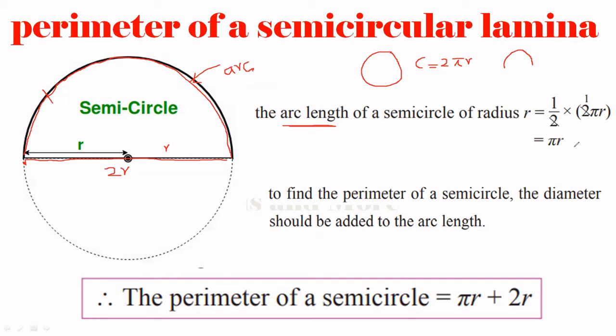So, remember that if a complete circle is there, the circumference is 2 pi r. If a semicircular arc is there, then using pi r, you can find the semicircle. Semicircular arc is pi r.